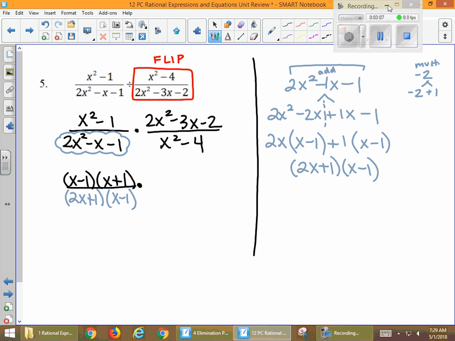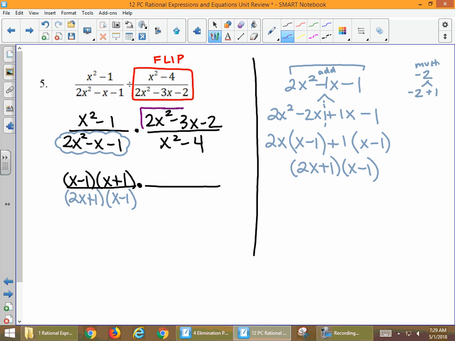All right, let's deal with the rest, the second part of this fraction. So the second half here, our numerator, 2x squared minus 3x minus 2. I'm going to cut this off. So I'm going to do 2 times negative 2 is negative 4.